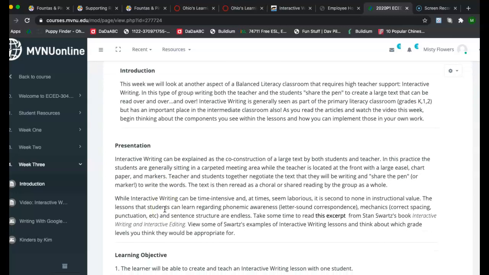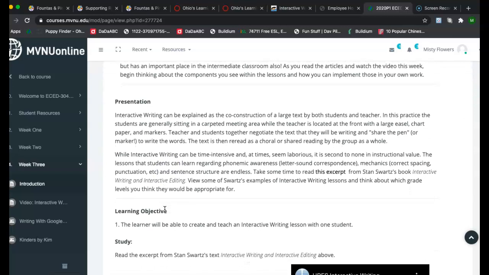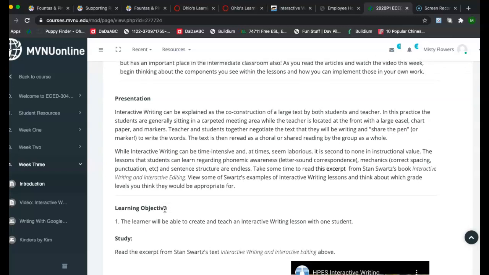As I said before, interactive writing can be explained as the co-construction of a large text by students and the teacher. So there are elements of interactive writing that happen every time. You're using conversation to support this writing process.